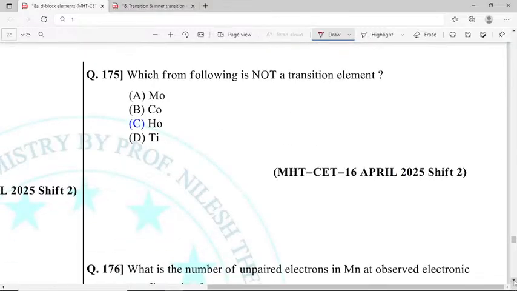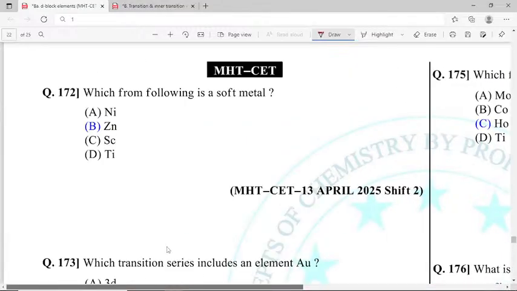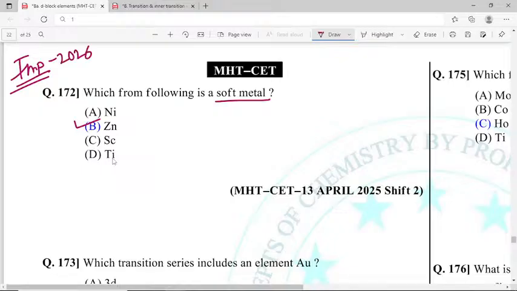Titanium. The remaining are s block elements. Which of the following is a soft metal? Very important, zinc. Important question. Zinc is a soft metal. It is there in 2026 also.